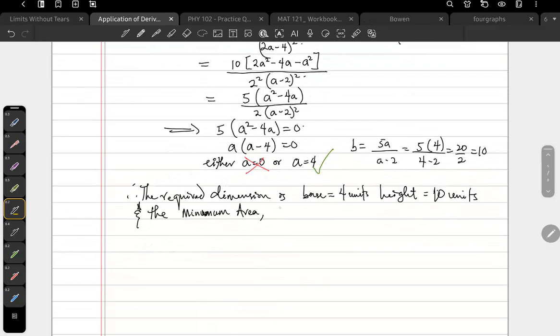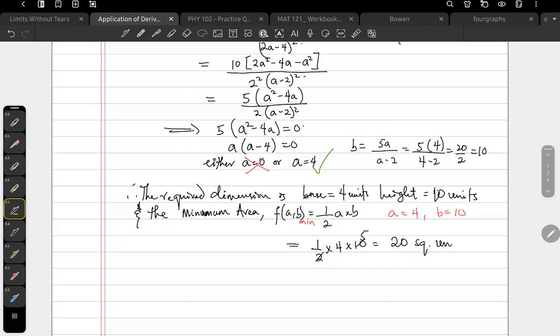So our usual f of a comma b is the area, which is half times a times b. So at the minimum point, we know that our a is 4 and b is 10. So therefore, the area will be half times 4 times 10, which is equal to 20 square units.